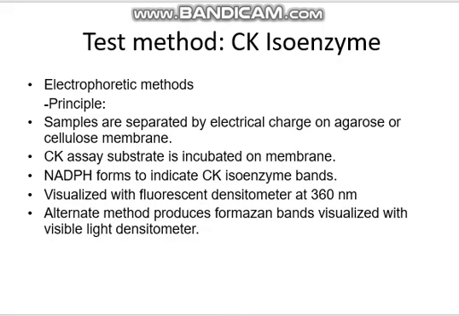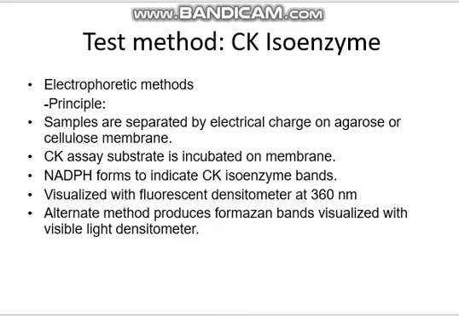Next, electrophoresis. We can also apply electrophoresis, but this is mainly to identify the isoenzyme. Remember, there are three isoenzymes, and the only significant isoenzyme is CKMB. So we can use this to separate the three isoenzymes.